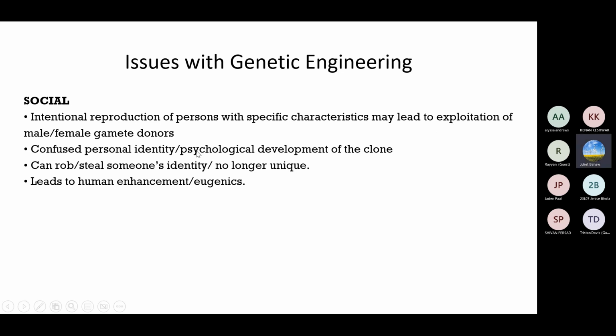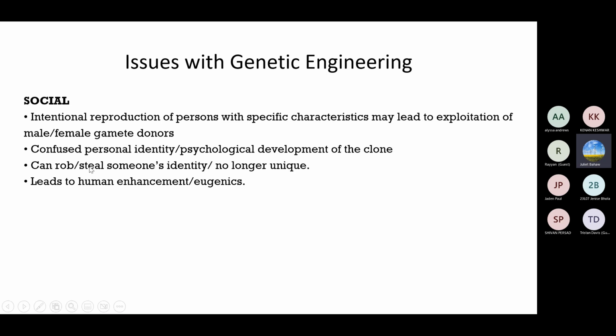All right. Or it could also lead to confused personal identity. If you select particular genes, the person may look identical to their sibling, so it could lead to a lot of identity issues.